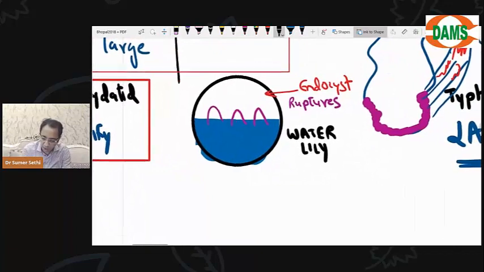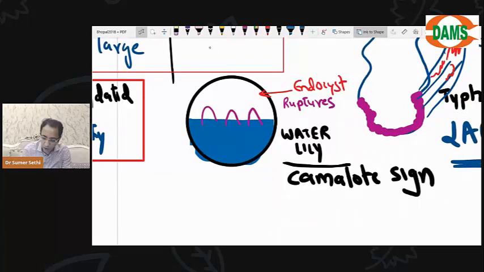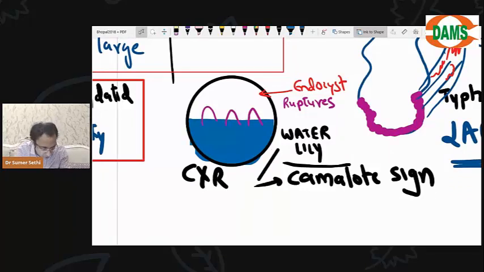The water lily flower is also called the camalote sign on chest X-ray. Okay, this is called the water lily or camalote sign on chest X-ray.